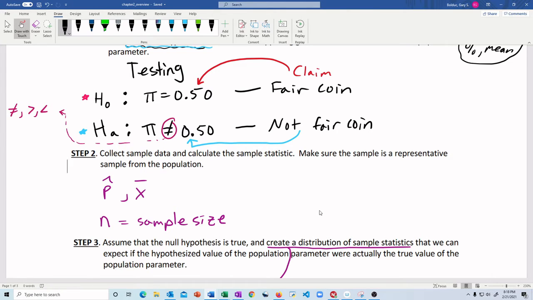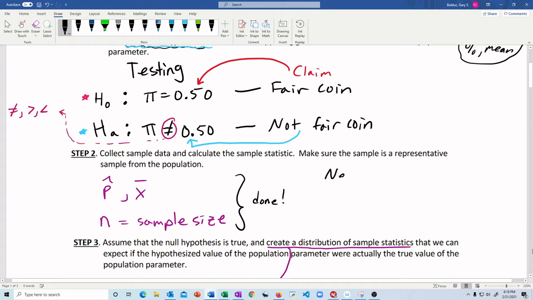So this part we've already done, right? We've already done this. We've looked at statistics, p-hats, x-bars. We've gotten sample sizes. We've done all this. What's the new thing here is we're going to talk a little bit more about the idea of how do you get a good sample.